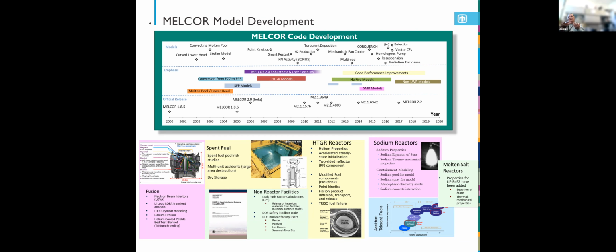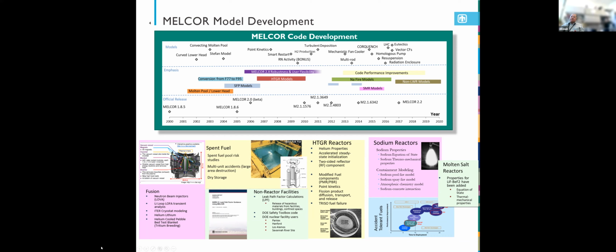And like I said, we are also looking at spent fuel pools. We can look at the different histories of the spent fuel batches in the pool. If there's an accident, what happens in them, how they release, and things like that. And we can do dry storage. Actually, many of the spent fuel now is in dry storage.